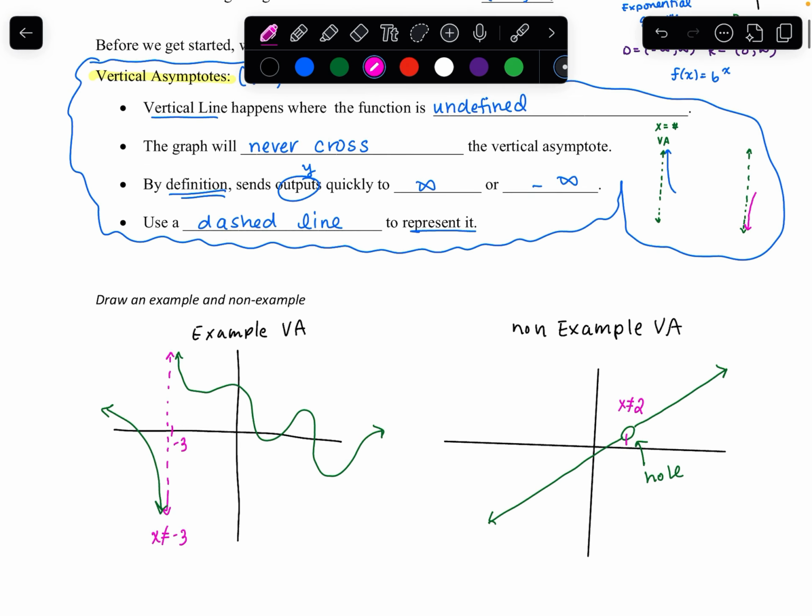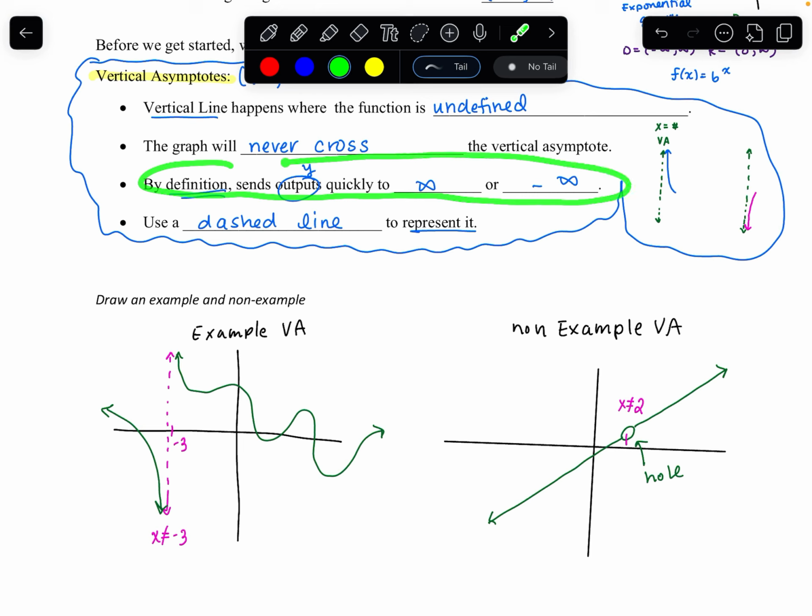So we still have this undefined behavior, but when we're looking at graphs in particular, this is definitely going to be one key indication where our graphs go up or down or both. We can have a combination of different types of behavior, as long as one side is doing at least one of those things, that's what we got, right?